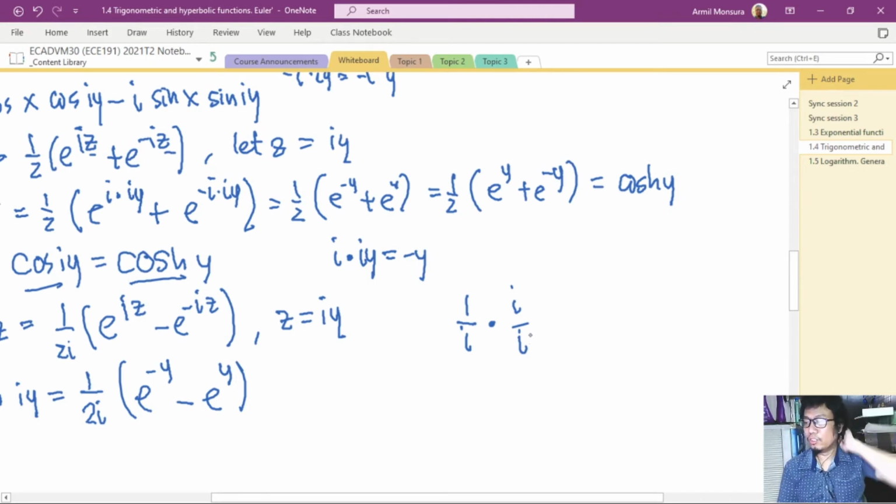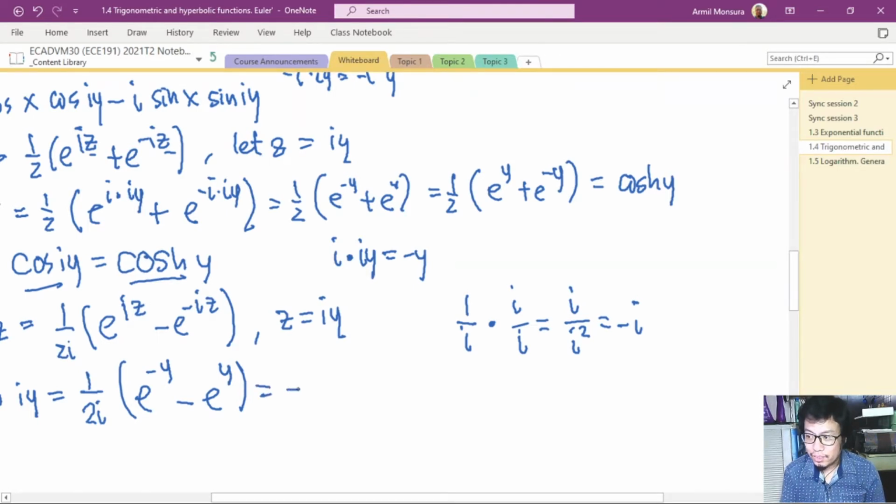So this now gives you i over i squared. And again, what is i squared? i squared is negative 1. So therefore, this becomes negative i. So that means 1 over i can be replaced by negative i. So here, the 1 over i will be replaced by negative i.